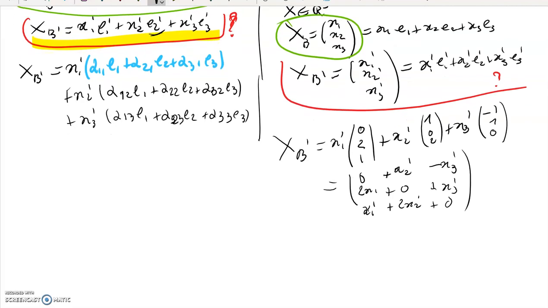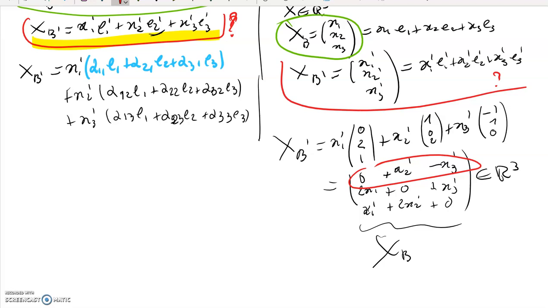And what is that? That is going to give you a vector that is x in the standard basis. This is going to give you the coordinates: the x1 coordinate, the x2 coordinate and the x3 coordinate in the standard basis.